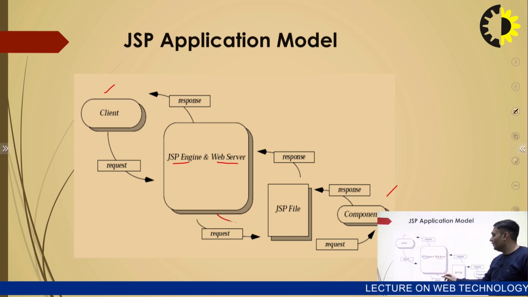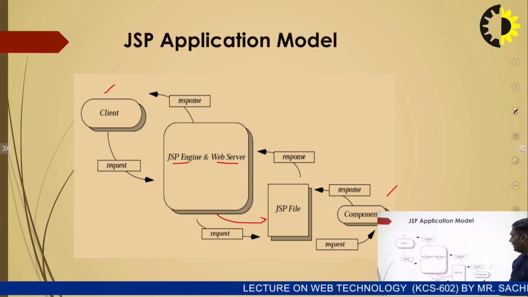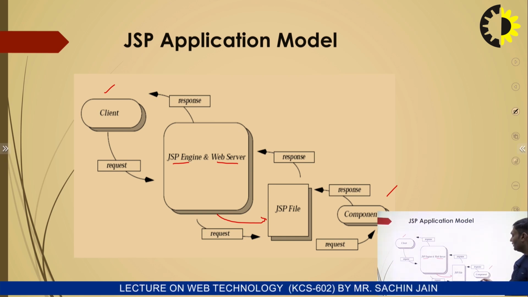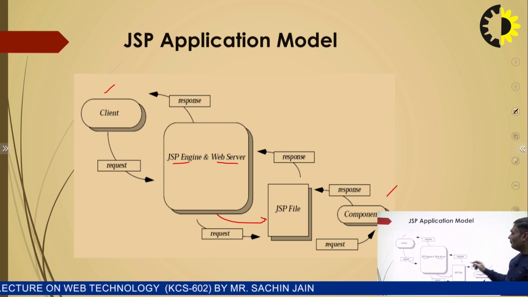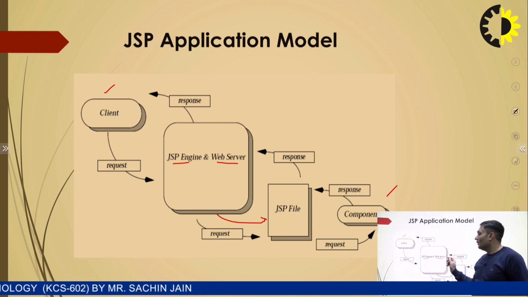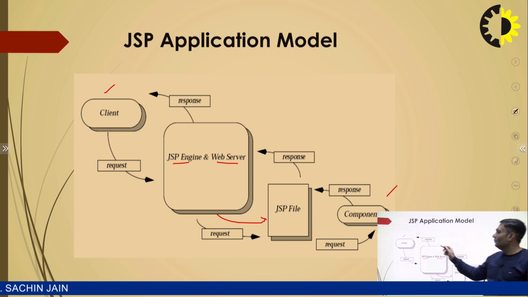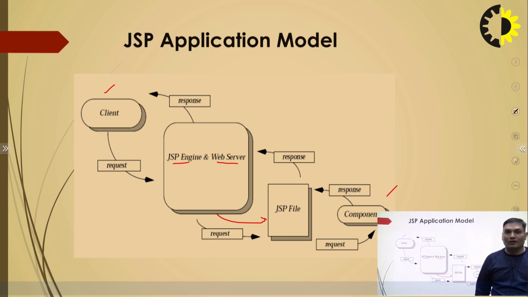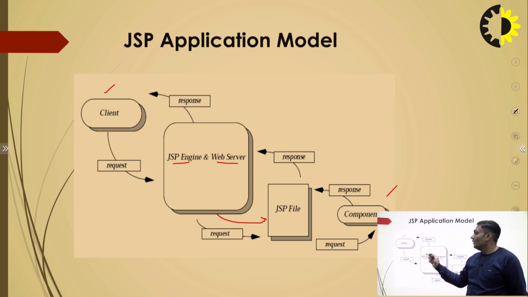So the server will search the JSP file, and if this JSP file requires some further component, then this request goes to that component. That component gets back to the JSP file, then the JSP file is compiled with the JSP engine that resides on the web server, and then the web server responds to the client. Whatever file or data is required is sent back to the client.